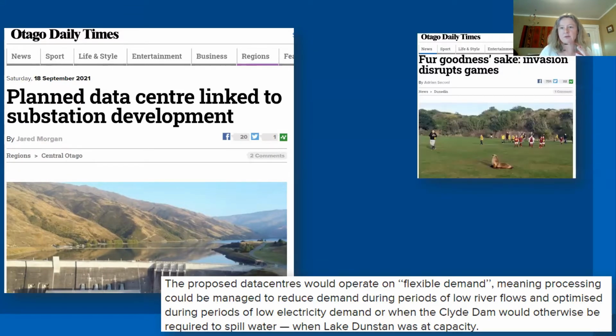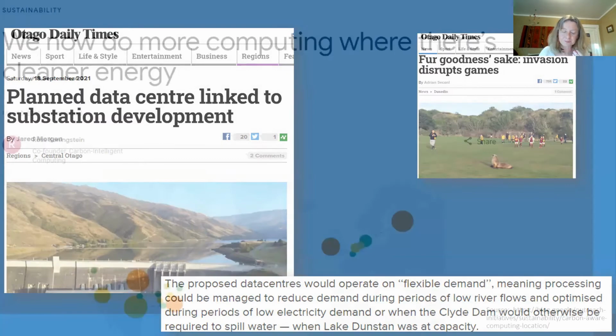This is in the same breath as, sea lion shows up on soccer field. That is literally the other article, not exactly at the same time, but might as well be. That's the editorial stance here. So it's a cutting edge, but production and common thing to seek to put into production.